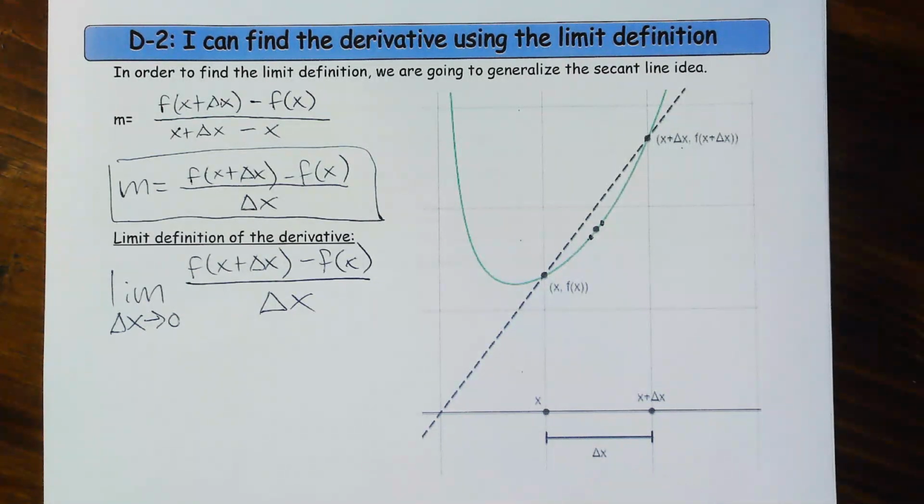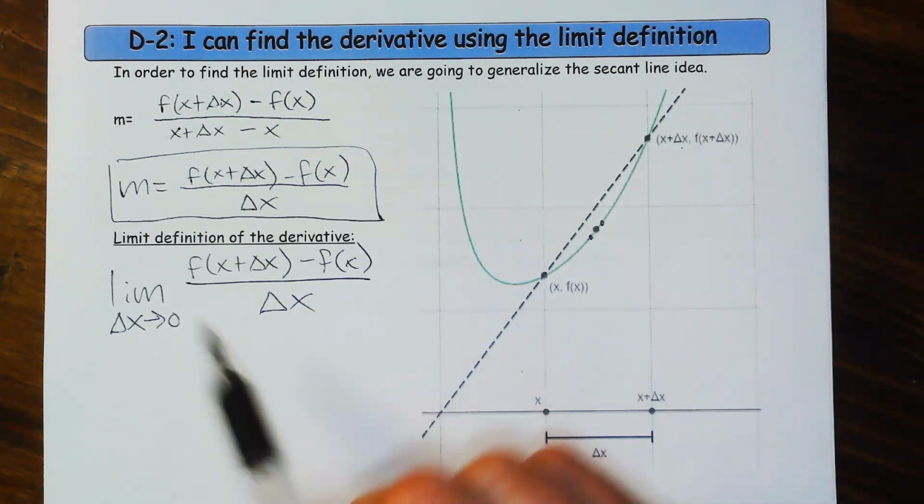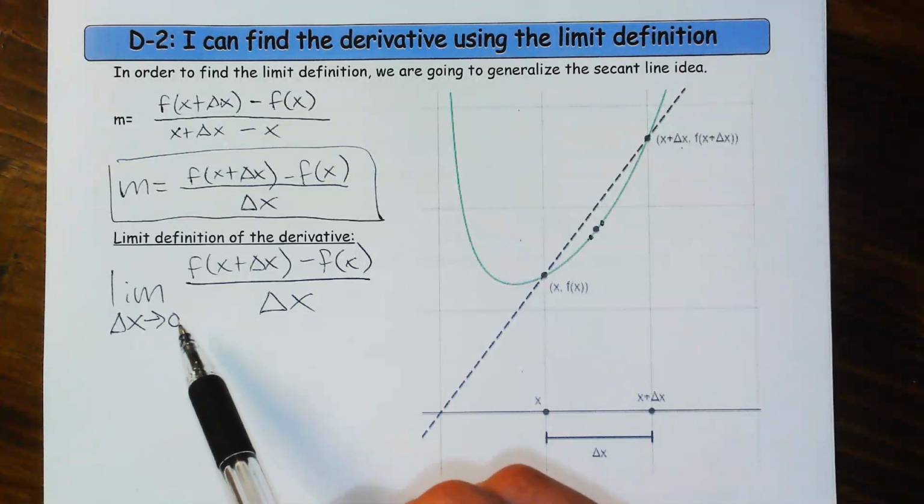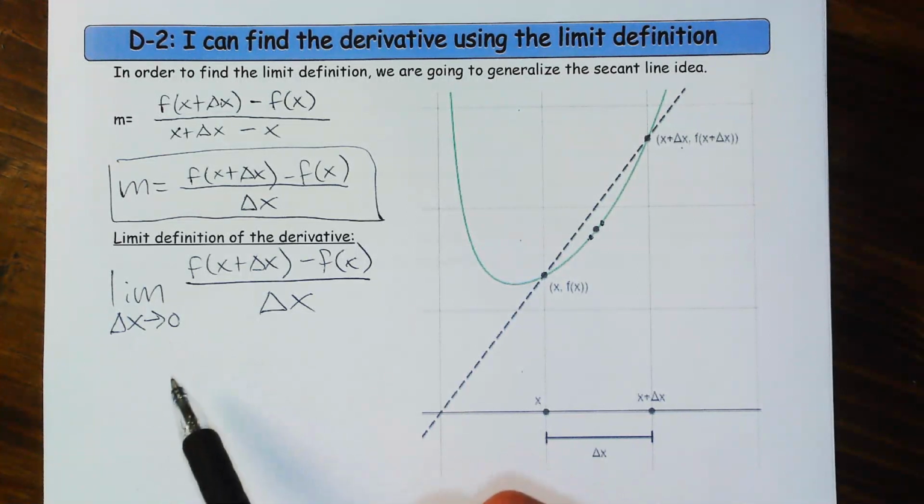So with that being said, if we squish delta x down to nothing, remember it does actually work because limits care about what's happening really close. And if I can get close enough to 0, basically, the word calculus is Latin for little pebble.